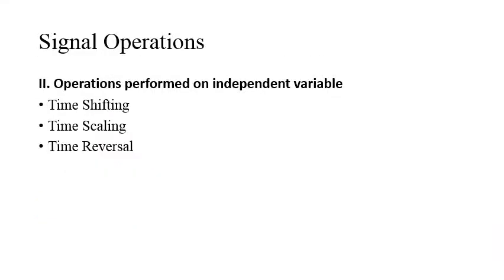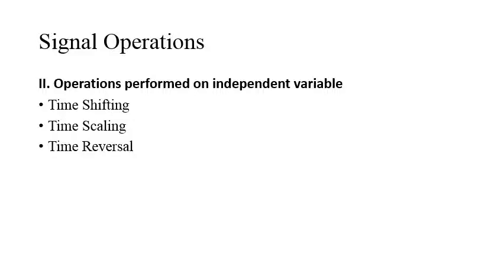So that's all about the operations on the dependent variable. Now we start the second topic, which is the operations performed on the independent variable. We are dealing with the time domain signal, so we have the independent variable time. In the case of time domain signals, we have two versions: if the independent variable, which is time, is continuous, then we call it a continuous time signal, and if it is discrete, then we call it a discrete time signal.